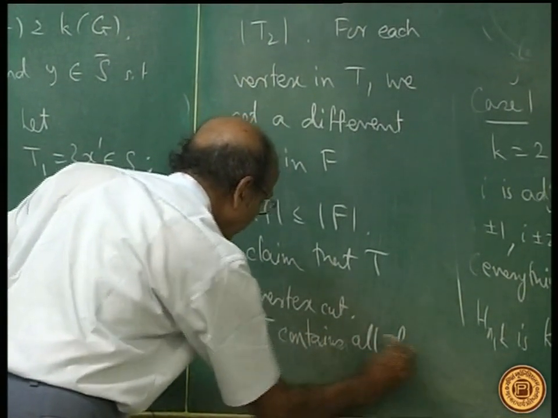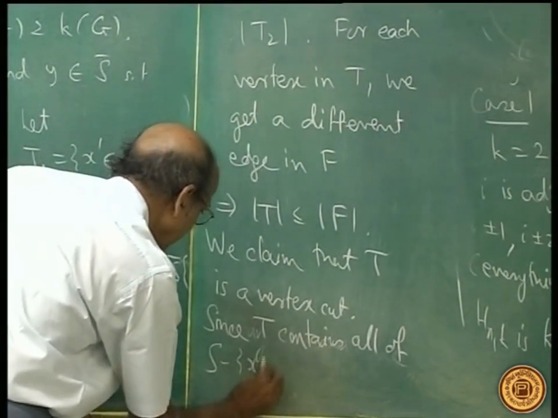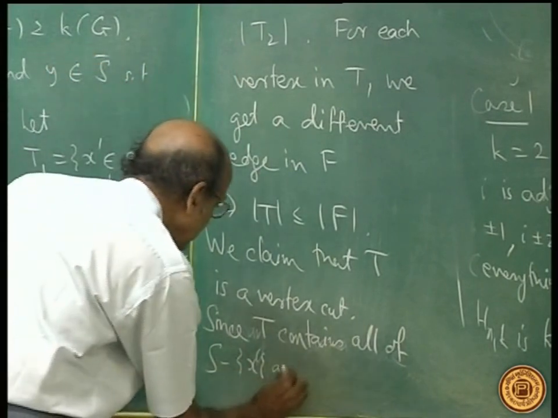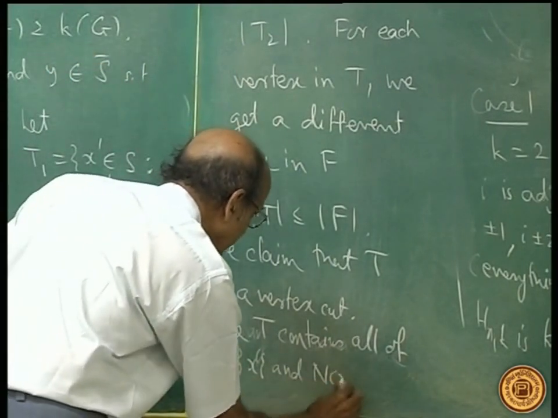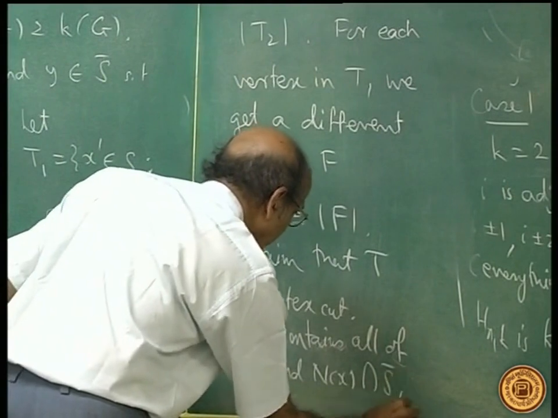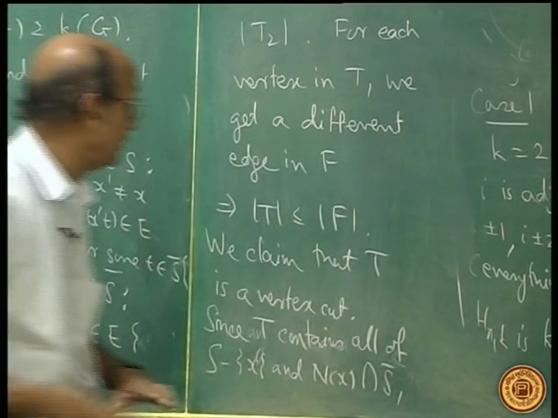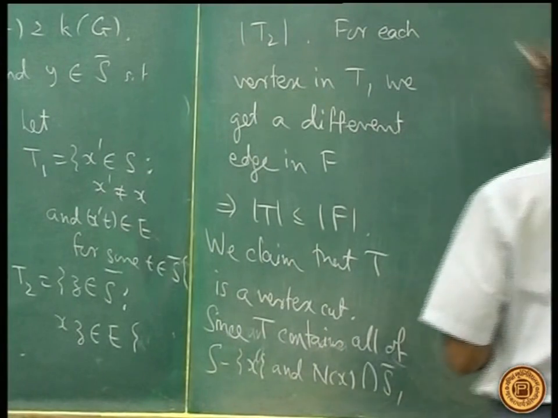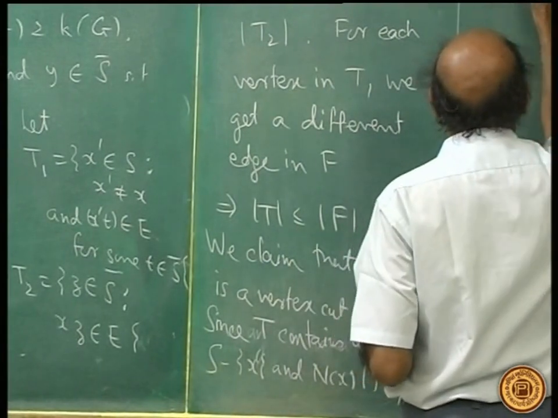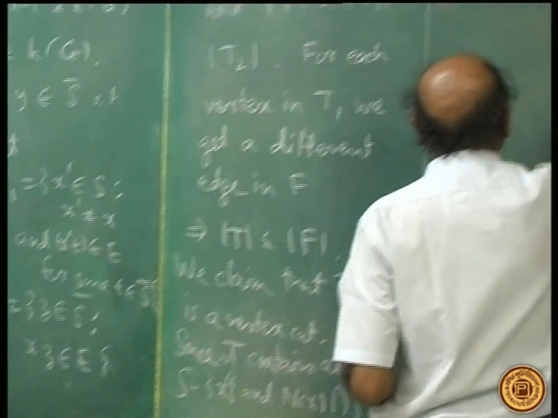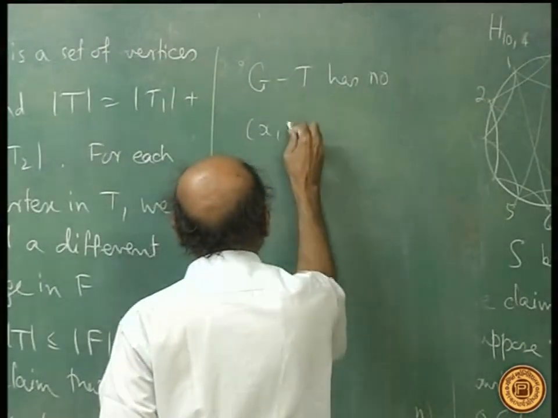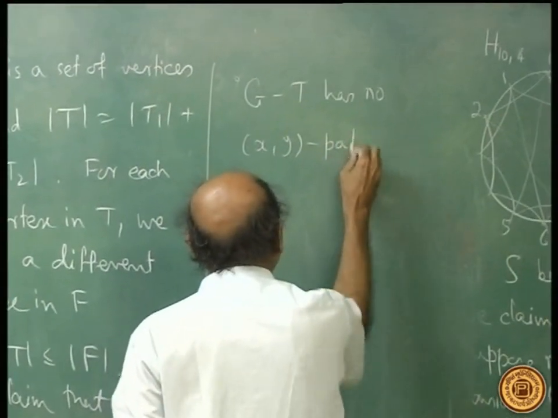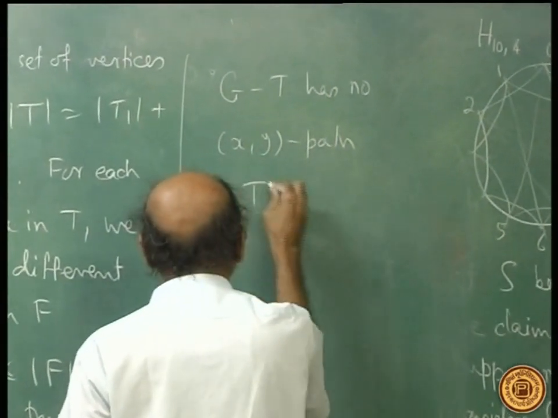All of S without x and neighborhood of x in S bar, G minus T has no xy path, which implies that T is a vertex cut.